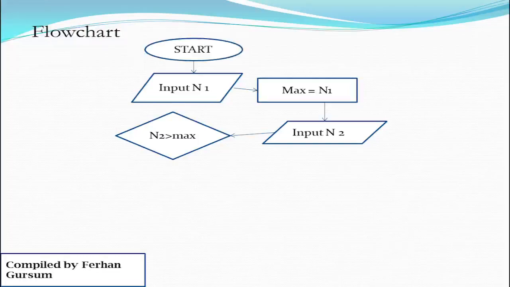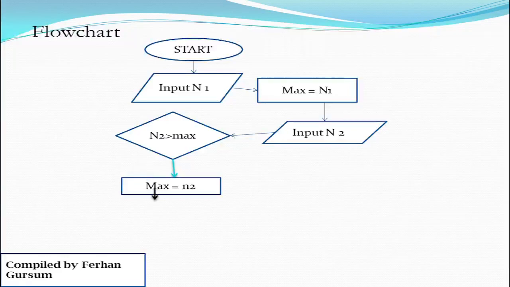If it is yes, what will we do? It assigns max to N2. Now N1 is not max, if this condition is true. But if it is false, it continues and does what? It takes the other result, okay. Now it is true, let us say. So if it is true, max is N2 now.